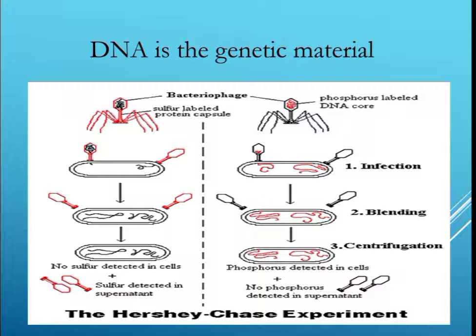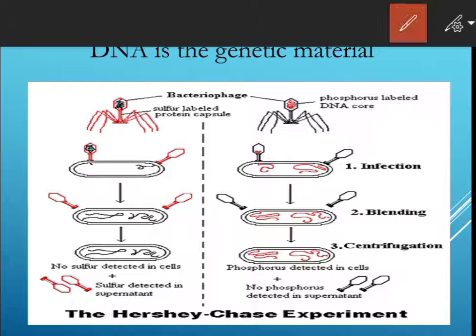They took two separate media for growing these bacteriophages. Out of the two, one medium contained radioactive phosphorus, and the other medium contained radioactive sulfur. The viruses, that is bacteriophages, were then grown on each medium.